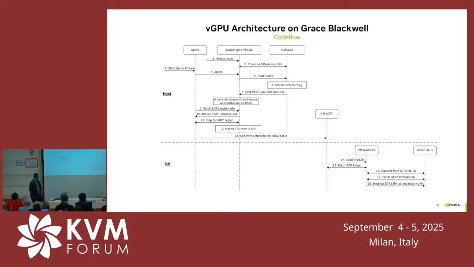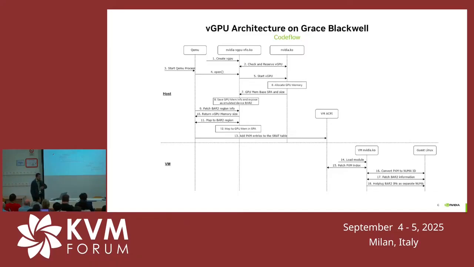And interestingly, it exposes the GPU memory that is associated to the vGPU as a device BAR, right? So QEMU goes through the normal process and tries to fetch all the regions that are there, and at that point it would discover this BAR2 region, right, which is essentially mapped to the GPU memory.